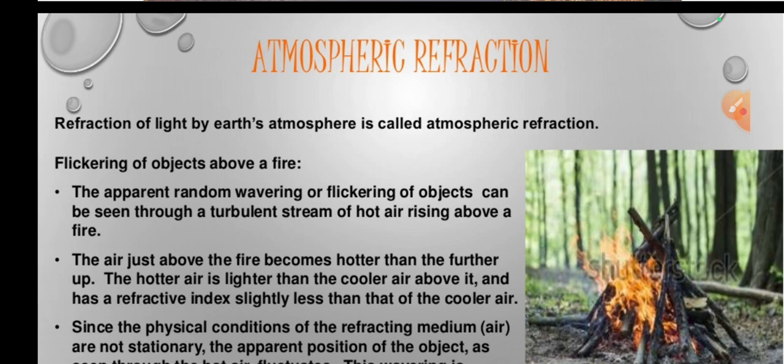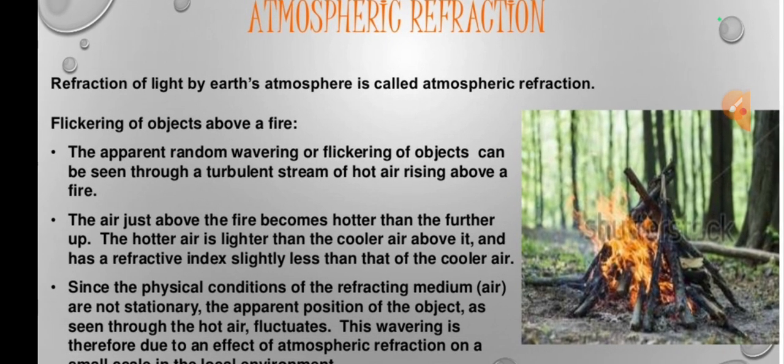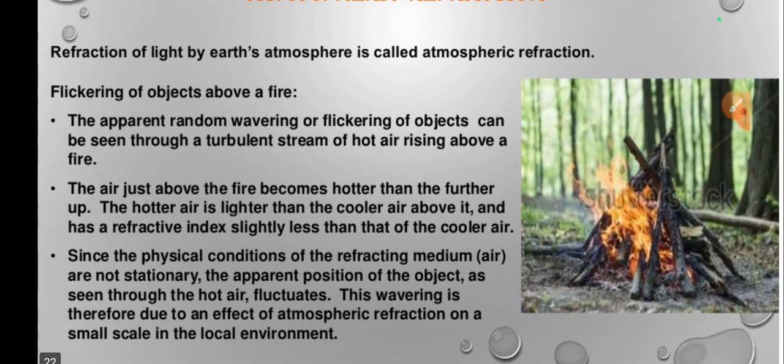Atmospheric refraction. Refraction of light by Earth's atmosphere is called atmospheric refraction. Flickering of objects above a fire. The apparent random wavering or flickering of objects can be seen through a turbulent stream of hot air rising above a fire. The air just above the fire becomes hotter than the air further up.